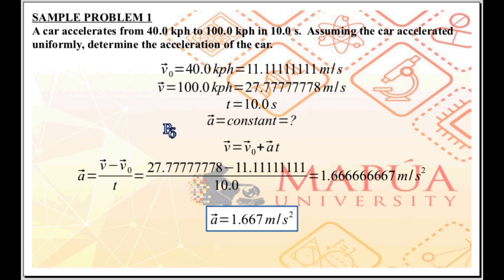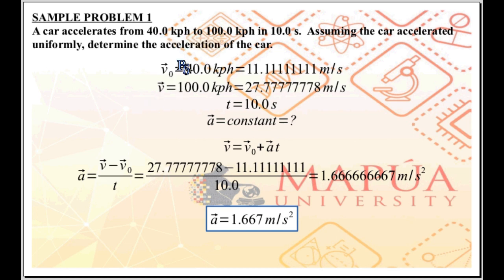One big difference between the two is that for non-uniform acceleration, the problem itself will provide an equation that is describing the motion of the object. In this problem, you are being asked to get the acceleration of the car, but no equation is provided by the problem. So in all likelihood, this is uniform acceleration motion. And indeed, the problem tells us that the acceleration is uniform.